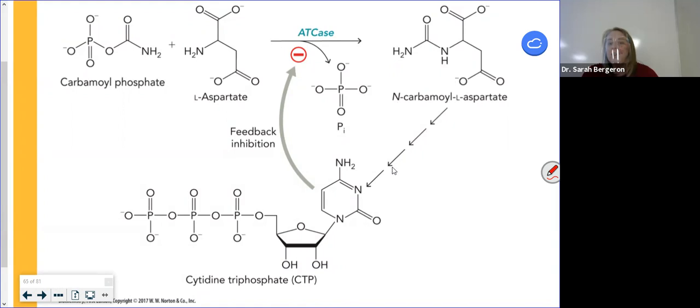You see how they have all these lines here? This means that there's step after step after step, and eventually you make CTP. So if you have lots of CTP, it is going to feedback inhibit enzyme number one in the entire pathway and stop the procedure from going over and over again. So this would be an example of a negative feedback inhibitor, and it's allosteric because there's no covalent binding.